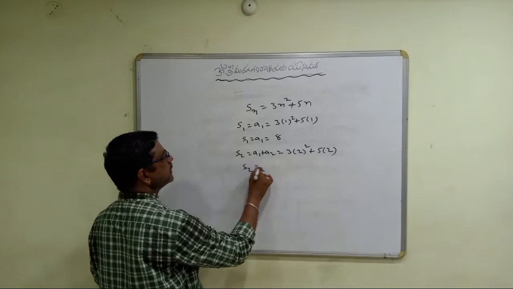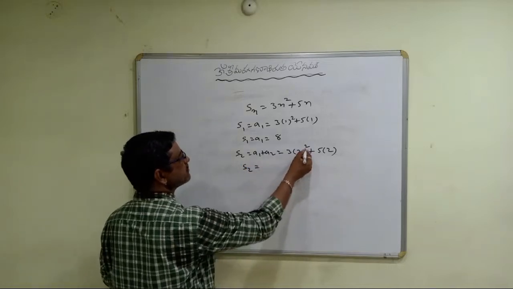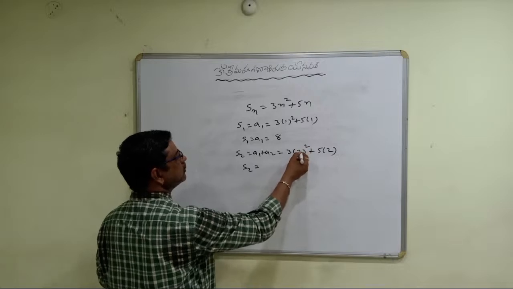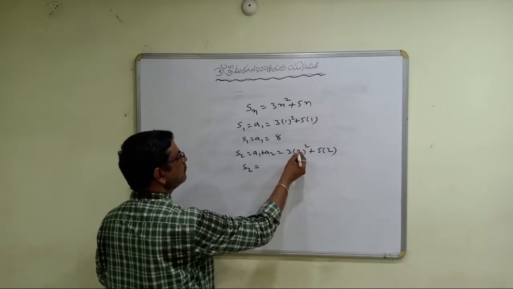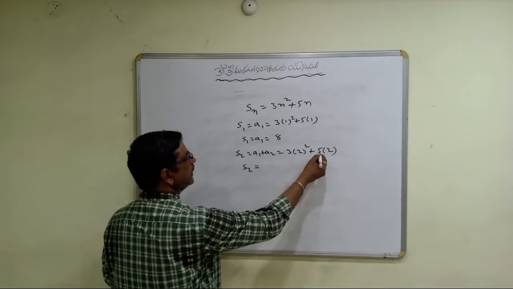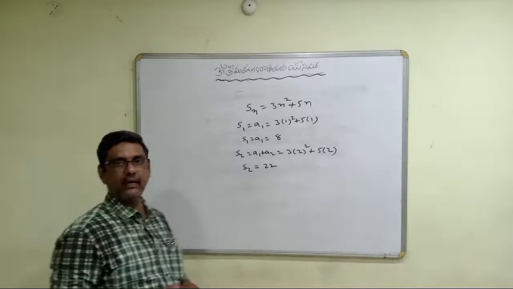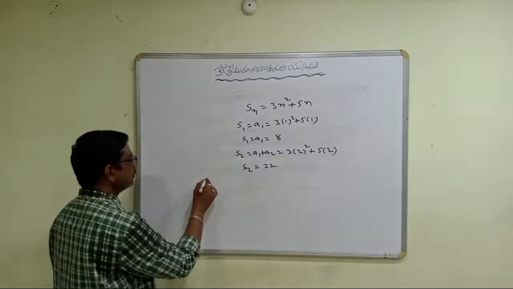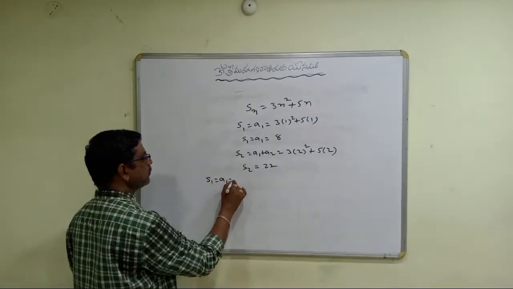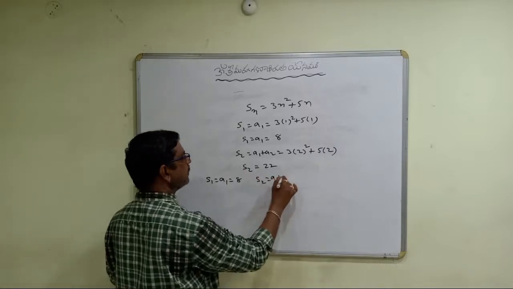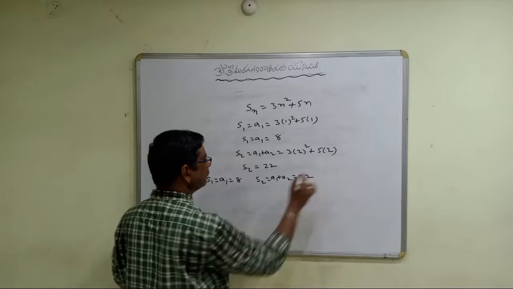First we need to square this one. 2 square, 4. 4 into 3, 12. And here 10. 12 plus 10, 20. So now we know S1 is equal to A1 is equal to 8. S2 is equal to A1 plus A2 is equal to 20.